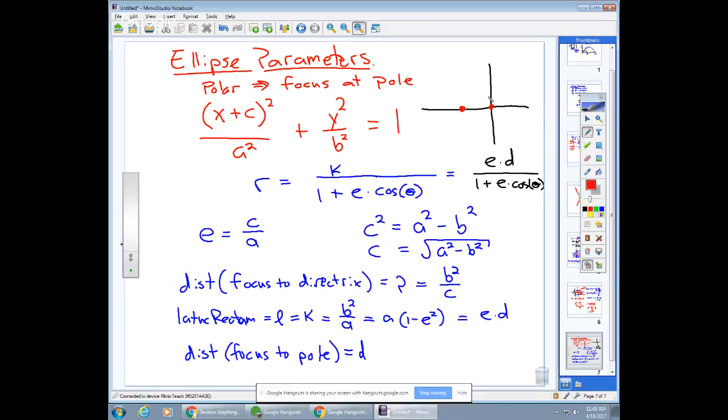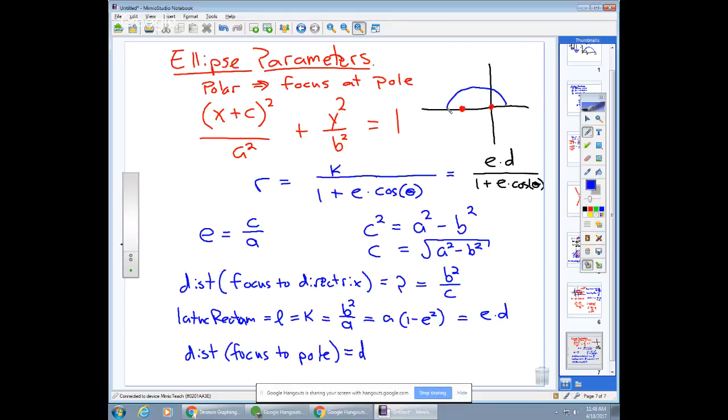And so the way I have all these oriented, these relationships here really don't change anything, but my plus c here and my plus e cosine means that I have the right focus at the pole, and because I'm using cosine, my foci are horizontally oriented, not vertically oriented.